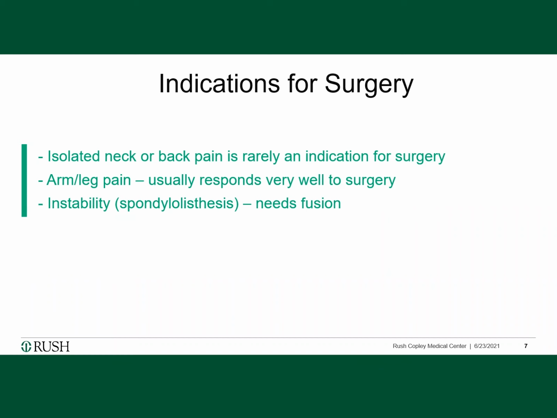In rare cases, if there's already some nerve damage, that pain might not completely go away, but in my experience, over 90% of the time, if we get to it fast enough, the arm and leg pain can be cured with surgery. So surgery does tend to be very effective for arm and leg pain as opposed to just isolated neck or back pain. The one caveat to back pain is when patients have spondylolisthesis, or the slipped vertebra that we saw earlier.